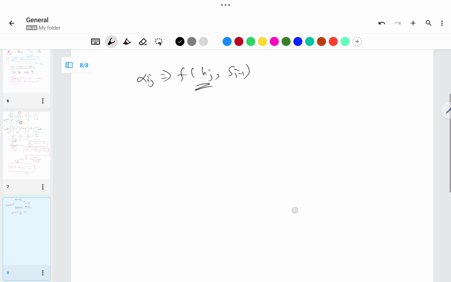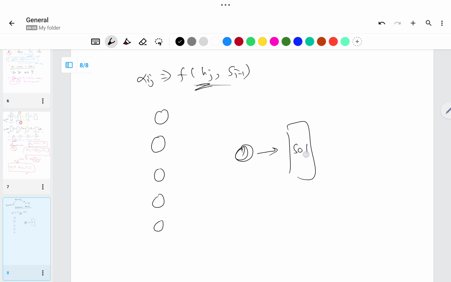So we concatenate both these vectors, make it into a single input, pass it through a feed forward neural network. We can decide the number of hidden states here, then pass it through a single neuron, then pass it through a softmax layer, then finally we obtain the alignment scores.